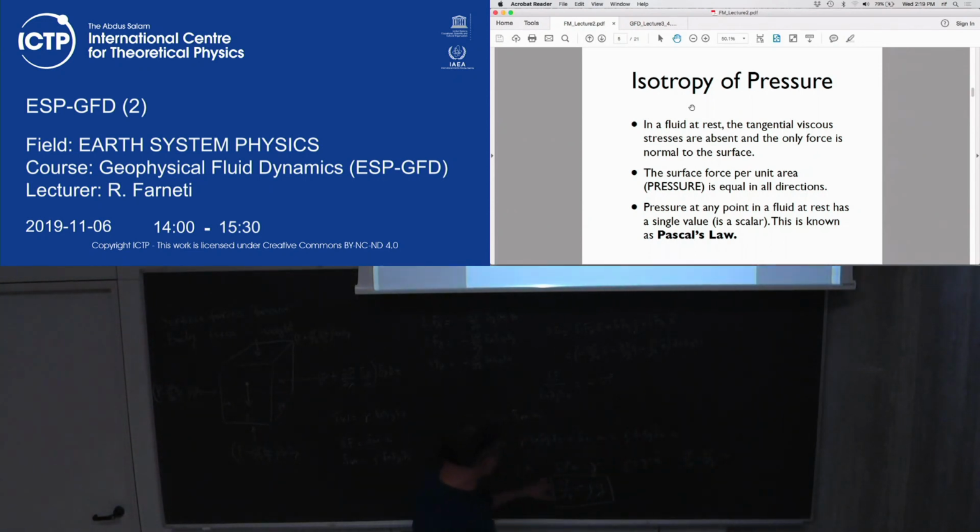Because dp by dx is equal to 0, as this is 0 in the x component, and dp by dy is equal to 0, because this is 0 in the y component. So the only thing that is left is dp by dz equal to minus rho g in the vertical. And this is called hydrostatic balance.